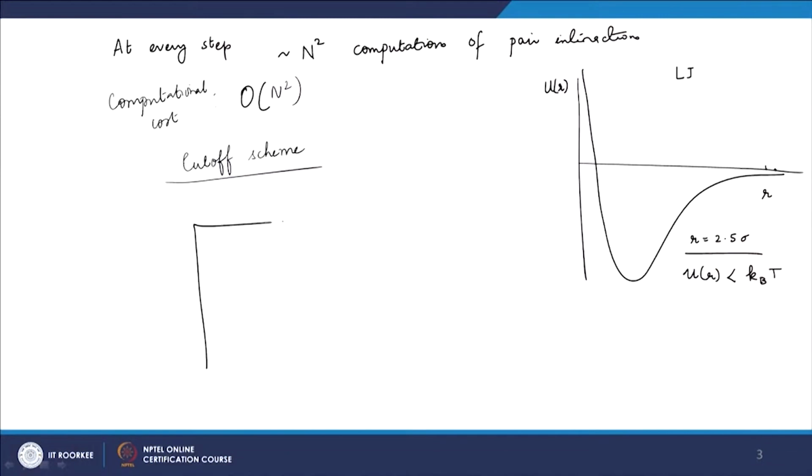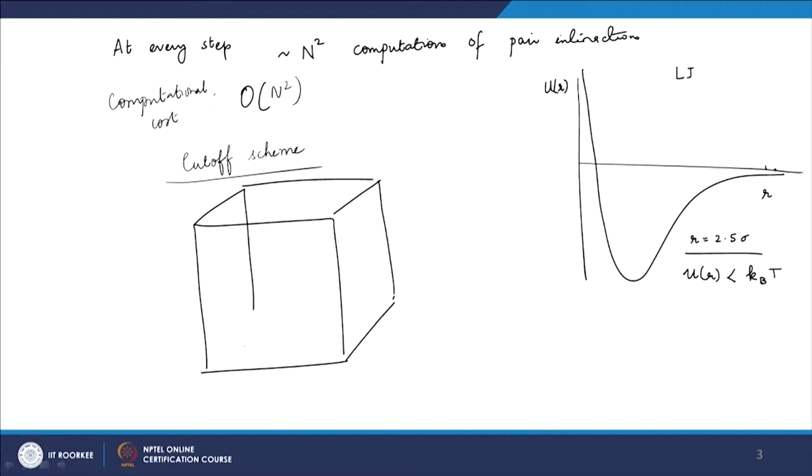And I have earlier told you that any energies which are less than thermal energy are typically less important and can be ignored, because if the interaction energy is less than kBT, the entropy will dominate in that particular case.